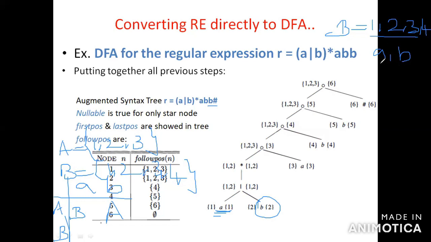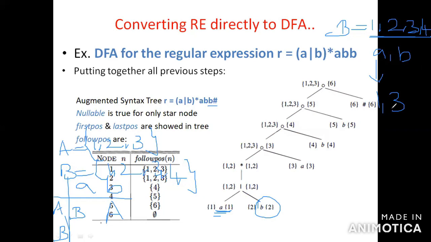What is the position of a for the given input symbol? 1 is a, 2 is b, leave it. 3 is a, 4 is b, so leave it. So the positions of input symbol a are 1, 3.